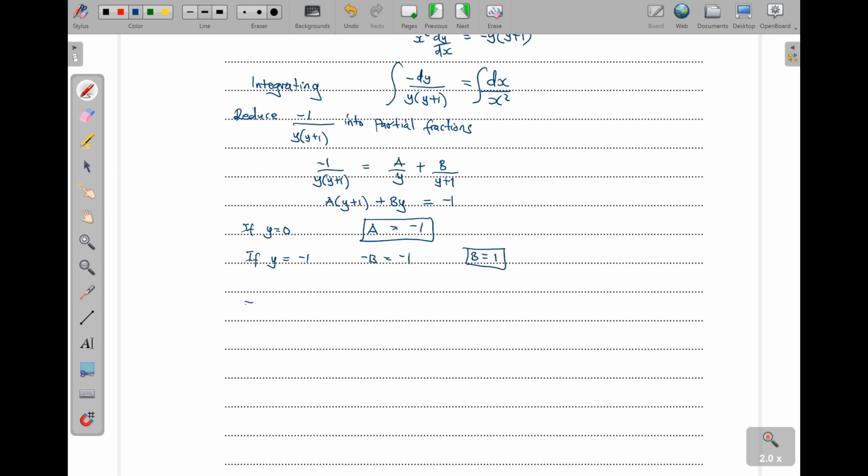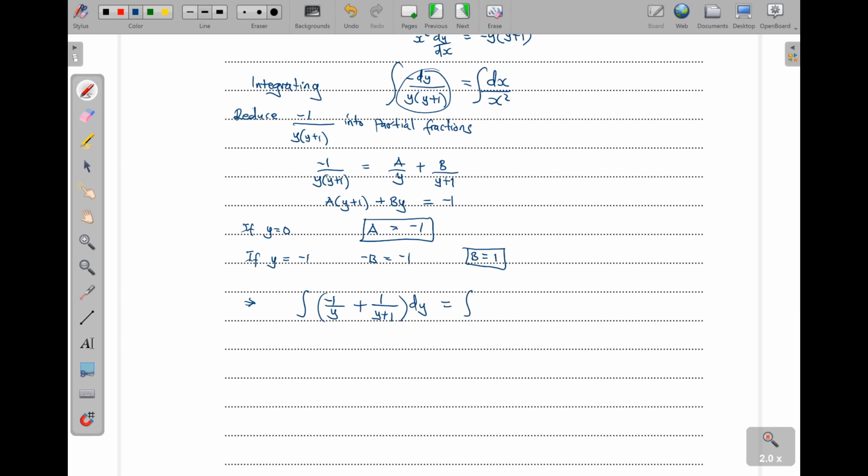So this simply implies that we are integrating what we had here, now we have here: a is negative 1 over y, plus b, which is 1 over y plus 1, with respect to y.